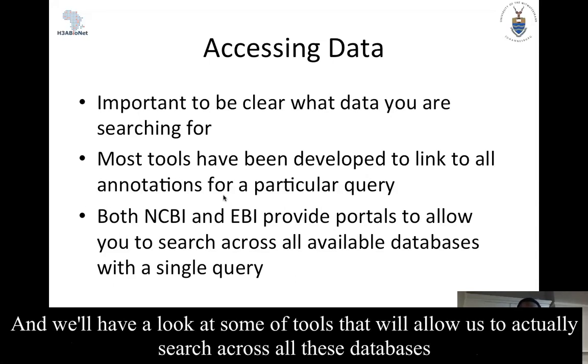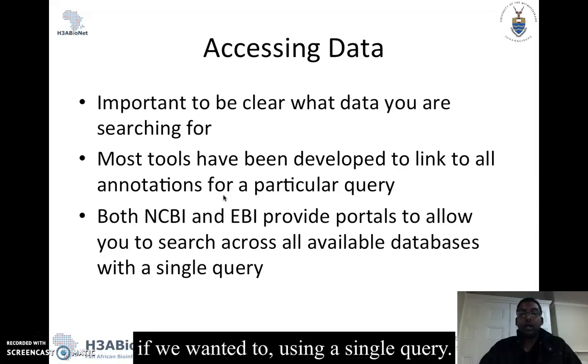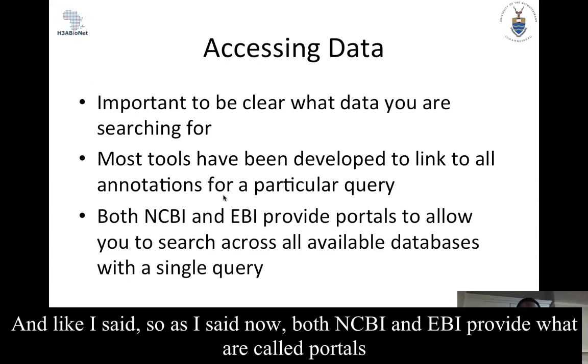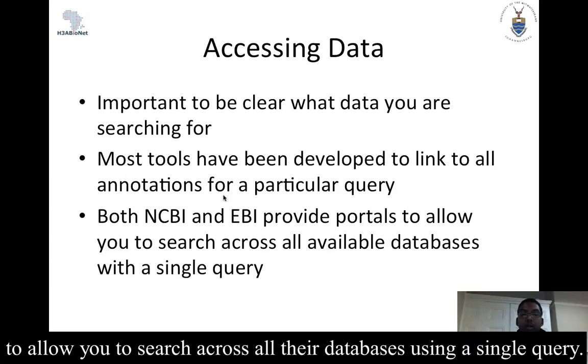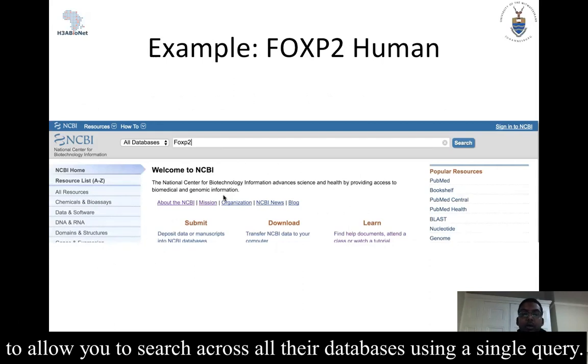And we'll have a look at some of the tools that will allow us to search across all these databases using a single query. As I said, both NCBI and EBI provide what are called portals to allow you to search across all their databases using a single query.